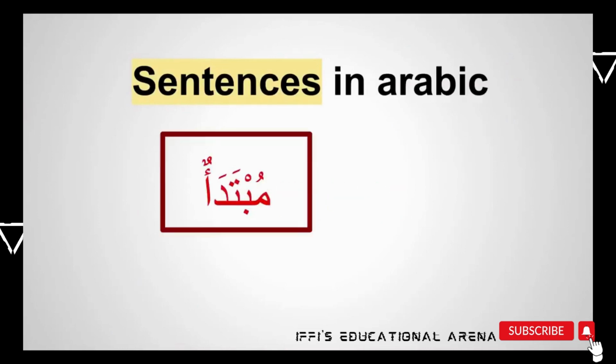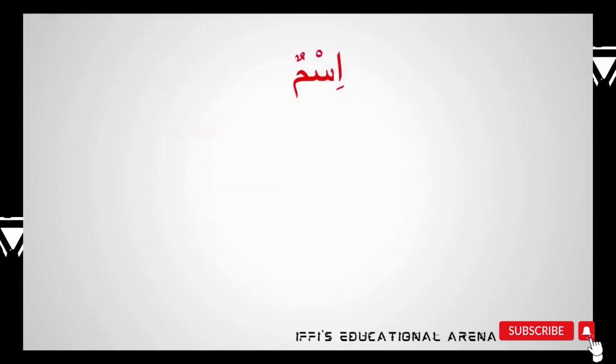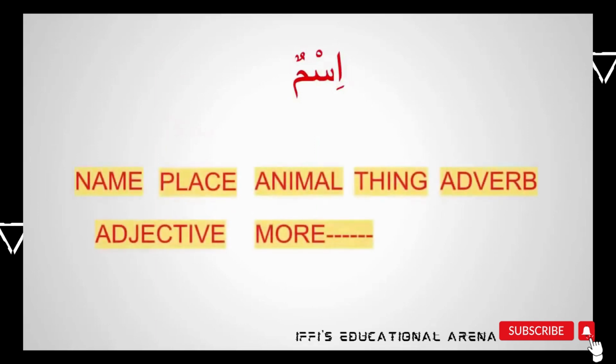We've learned so far that in Jumlatul Ismiya you have Mubtada, which comes at the beginning of a sentence, and Khabar. So what are the things which make Mubtada? We know it's Ism, and these are the things which come under Ism: name, place, animal, thing, adjective, adverb. So any word which starts with these things becomes Mubtada.